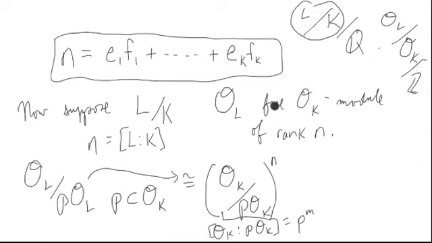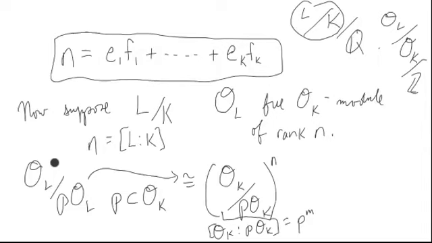You know that if you look at the ring of integers OL, which contains OK, it's a free OK module of rank N, similarly to how we thought of OK as a free module over Z. We're using the same variable name, but you can think of them as being different. So here we're looking at this case now with extension L over K.